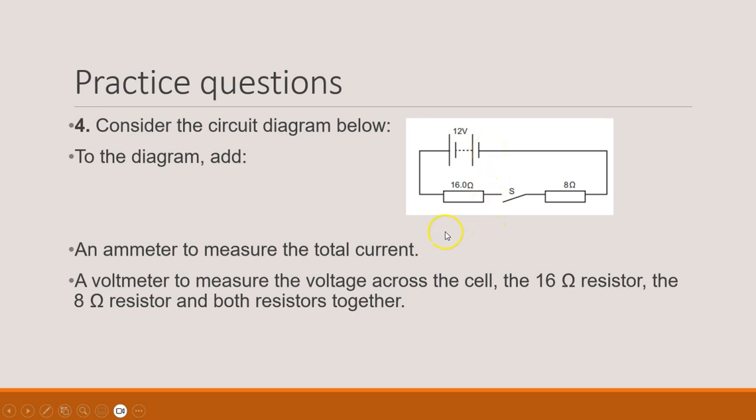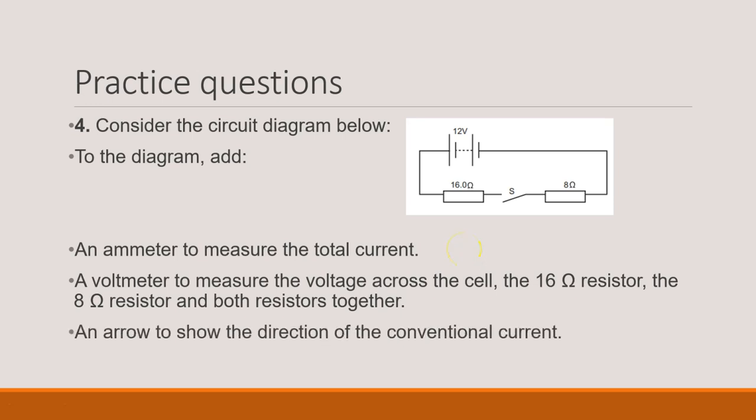We also have to place a voltmeter across the 16 ohm resistor if we want to measure the voltage of the 16 ohm resistor. We can place a voltmeter across the 8 ohm resistor to measure the voltage across the 8 ohm resistor. And if we want to measure the voltage across both resistors, then we can add a voltmeter here across both resistors that we know, if the switch was closed, would measure 12 volts.